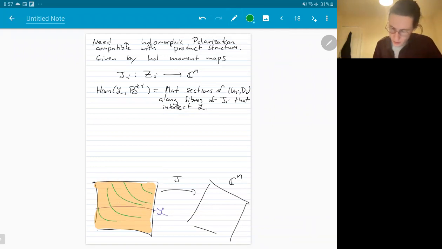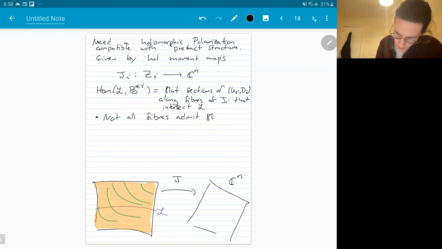There are two things to note. This polarization behaves very differently than the fibers of the projection map. The first is that not all fibers admit flat sections.